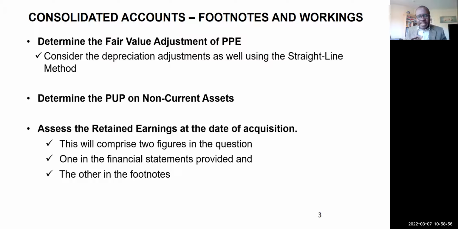In the financial statement, you see an opening balance for the subsidiary. But in the footnote, you see clearly stated that at the date of acquisition, the subsidiary had also made a certain amount of retained earnings or loss. Look at it. Then you have to add it to the opening and then you can get the retained earnings. We've done examples of this in class, so this is nothing new. Examples in the tutorial, a couple of them in the past questions I've uploaded, nothing new.